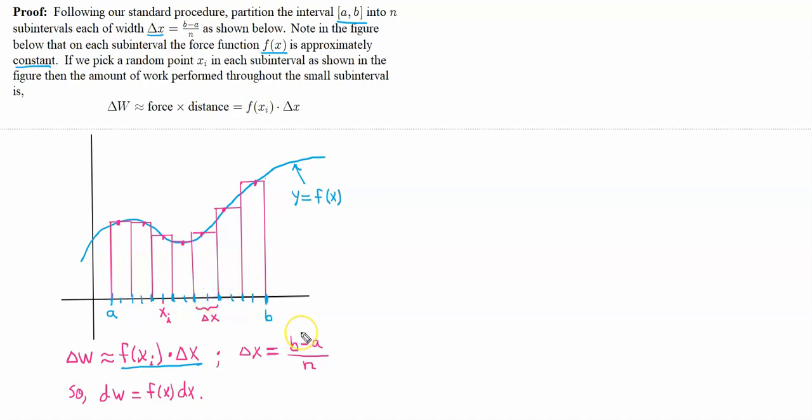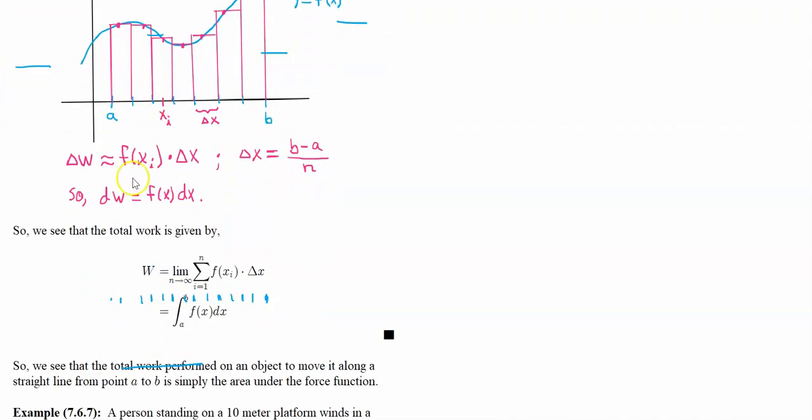So what we have down here then is that our total work is going to be the limit as n goes to infinity of this summation. Each of the values inside the summation is the area of one of these little rectangles right here, and then you sum all of them up.